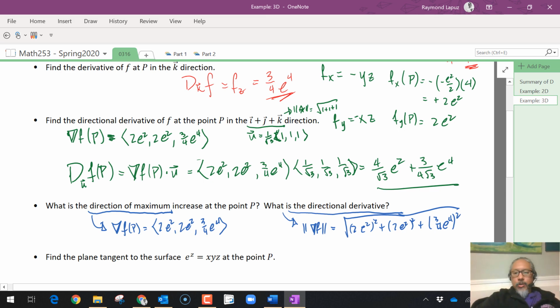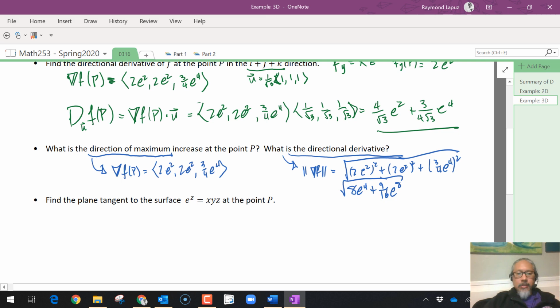So this is going to be 4e to the 4th, and there's two of them, so that's the square root of 8e to the 4th. And then this one is going to be e to the 8th, and then we got 9/16, so 9/16 e to the 8th. Okay, not much you can do to simplify. Just leave it like that.